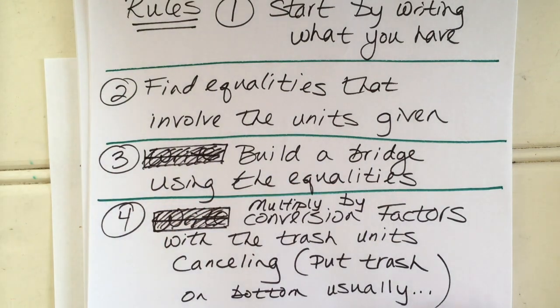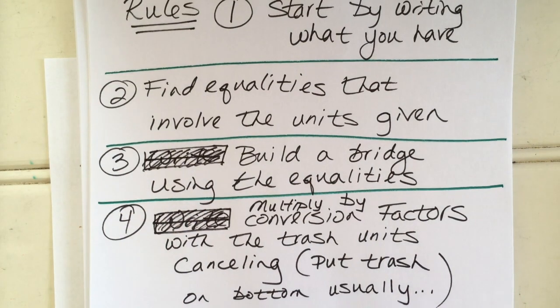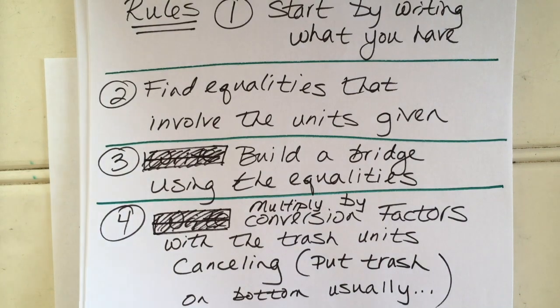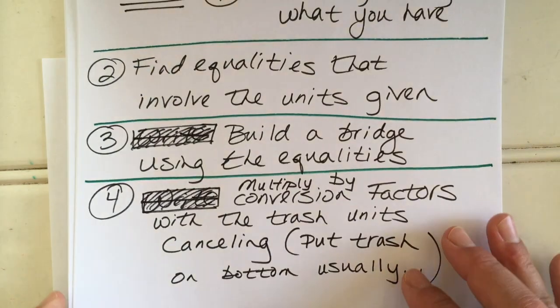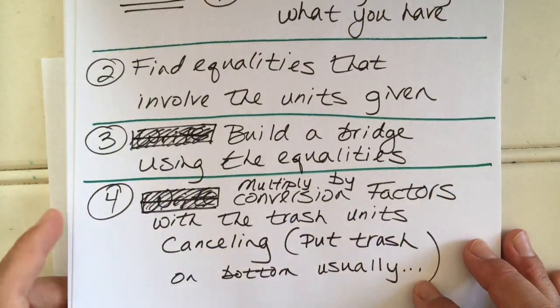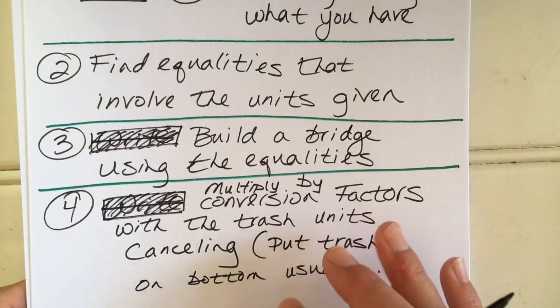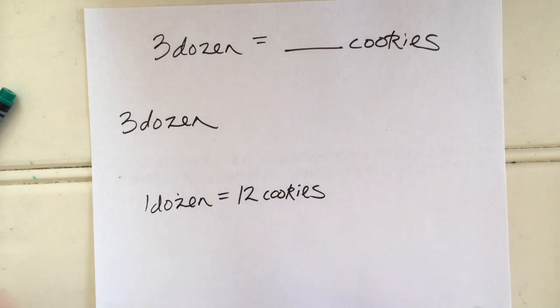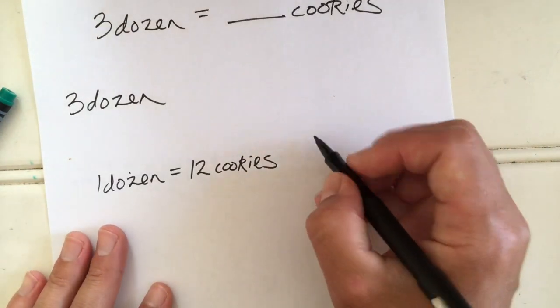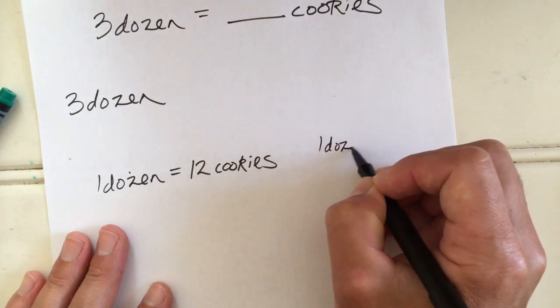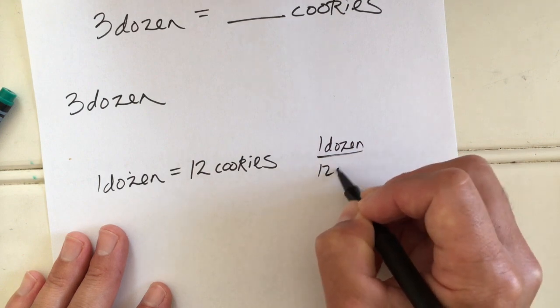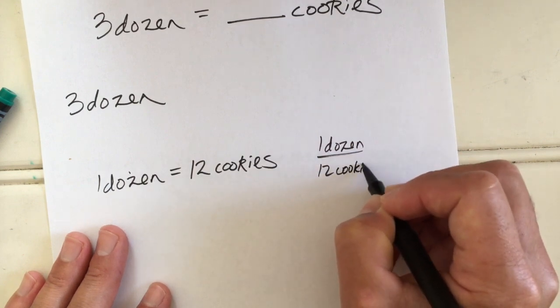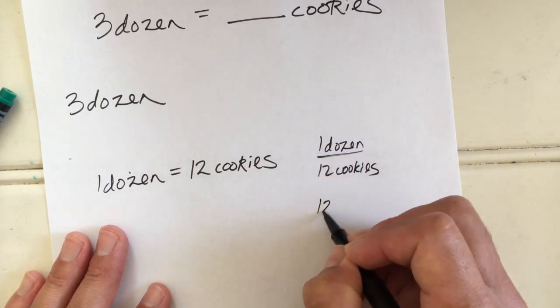All right, so something like this, right? And so now we're gonna multiply by conversion factors with the trash units canceling. So why this is a hard step here, right? Is that we know that 1 dozen equals 12 cookies can be written this way. And it can be written this way.